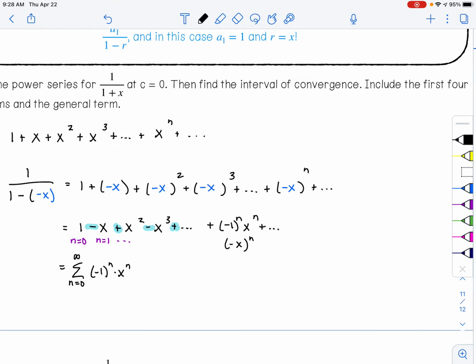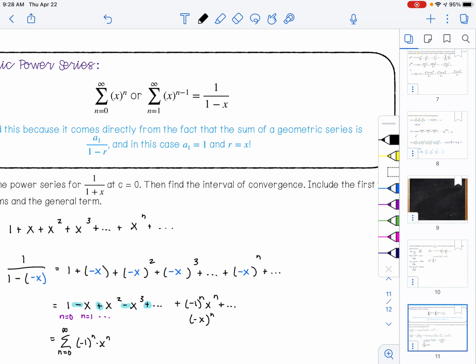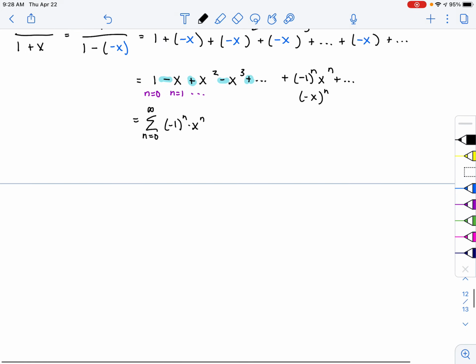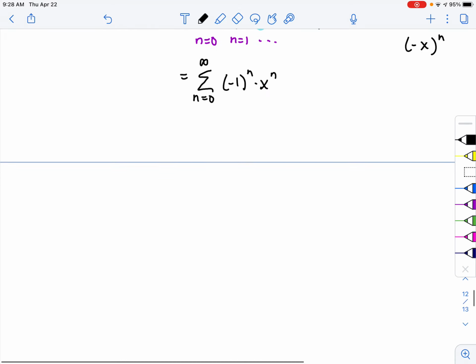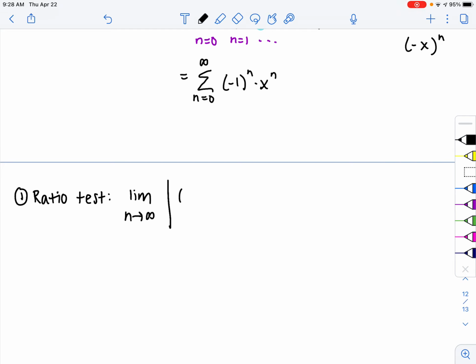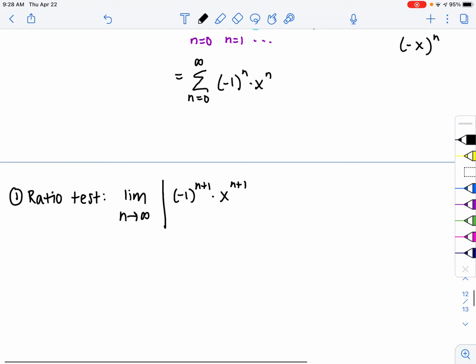So we're going to add a new page because I'm out of space to do that. To find our interval, we have to find the radius of convergence first, so we need to do our ratio test. We take the limit as n goes to infinity of the absolute value of negative 1 to the n plus 1 times x to the n plus 1, over the original sequence.